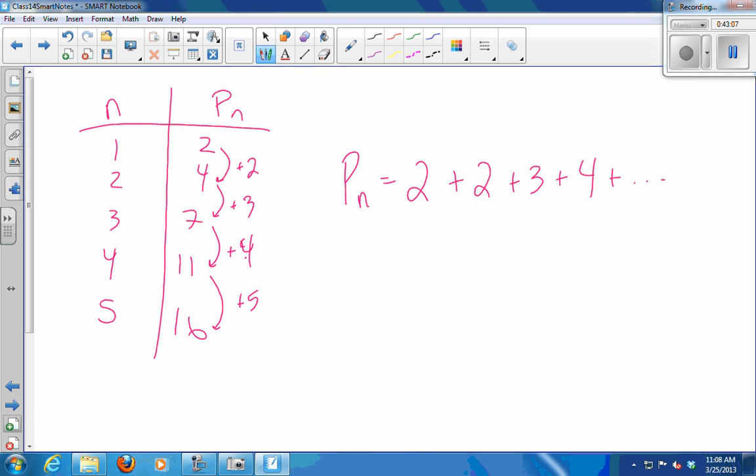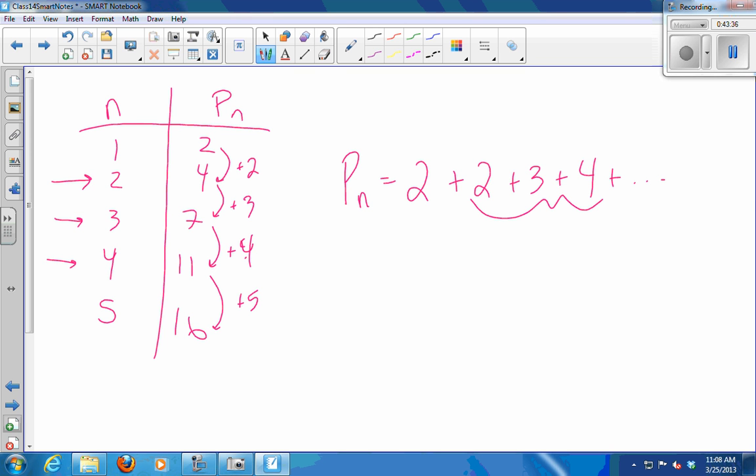And how many times do I have to do that? So when I'm trying to get to the second number in the list, I added just the 2. And when I try to get the third number in the list, I have to add plus 2 plus 3. And when I get to the fourth number in the list, I have to add plus 2 plus 3 plus 4, 3 different numbers.